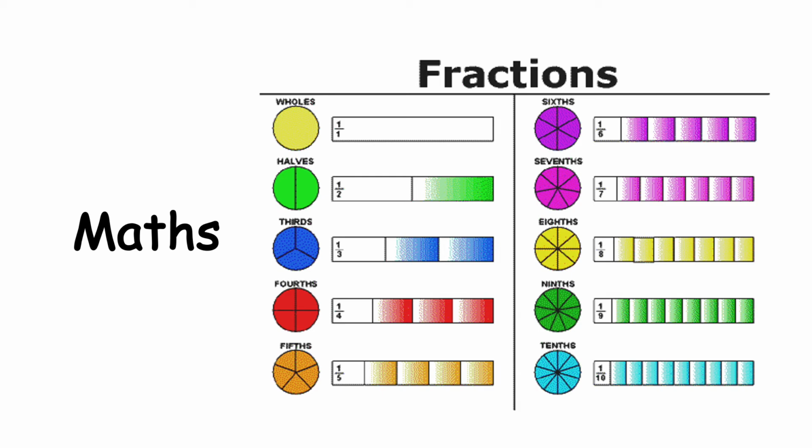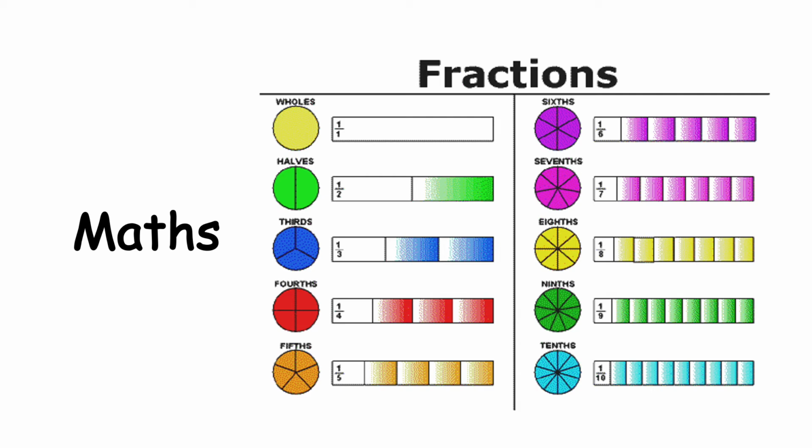If you have a look at the sheet here, how many halves make a whole one? Yep, 2. And you can see the denominator is 2. How many thirds make up a whole one? 3. So 3 thirds is equivalent to 1 whole.